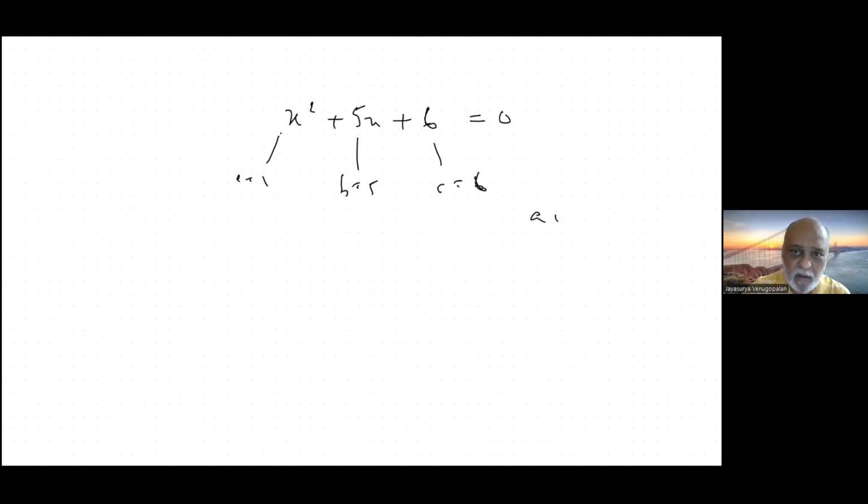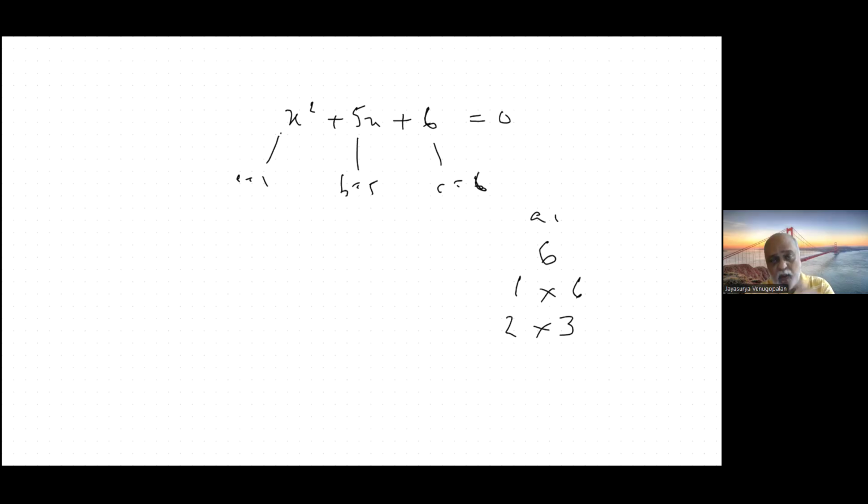Now, how many ways can I write the factors of 6? I can say 1 into 6 or 2 into 3, right? That's all. Now, one thing you should note here: if the sign of the C coefficient is plus, then the two components will be either both positive or both negative, not one positive and one negative.